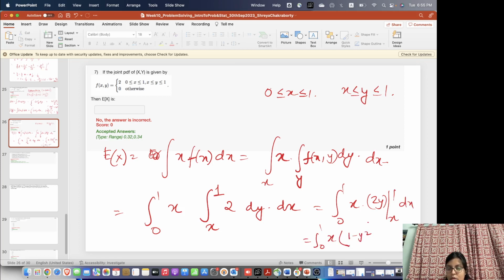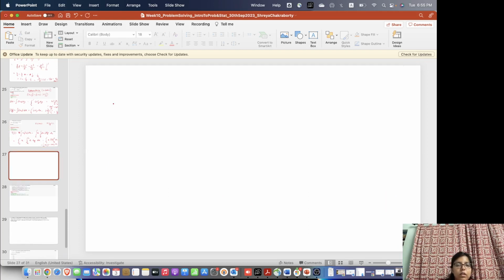It would be the integration from 0 to 1 of x into 2 minus 2x dx, so that would be the integration from 0 to 1 of x into 2 into 1 minus x dx.